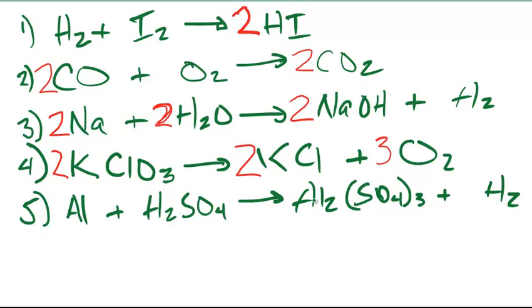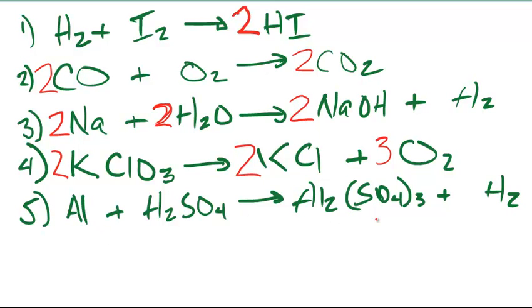Notice I need a 2 subscript with aluminum and a 3 on the sulfate because the aluminum cation is 3 plus, sulfate anion 2 minus. What kind of reaction does that look like? If you say single replacement, you are right. Hydrogen is kind of like the Jennifer Aniston of this reaction.